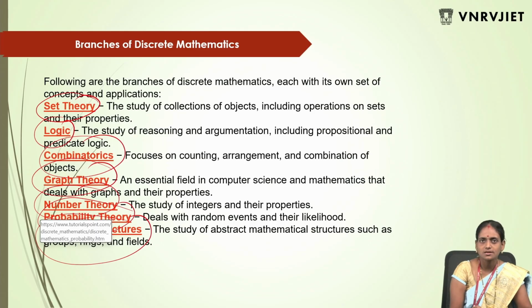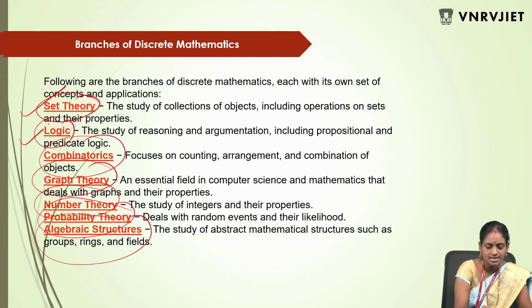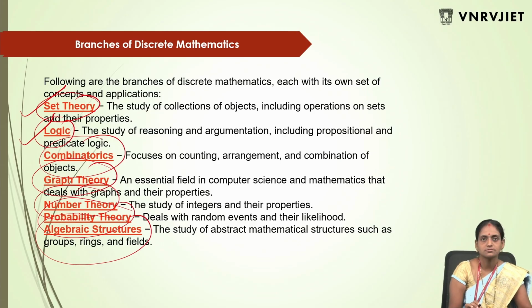These concepts are included in the diagrammatic representation of width and wheel that we introduce in each and every unit. In our first unit, we mainly focus on set theory and logic.